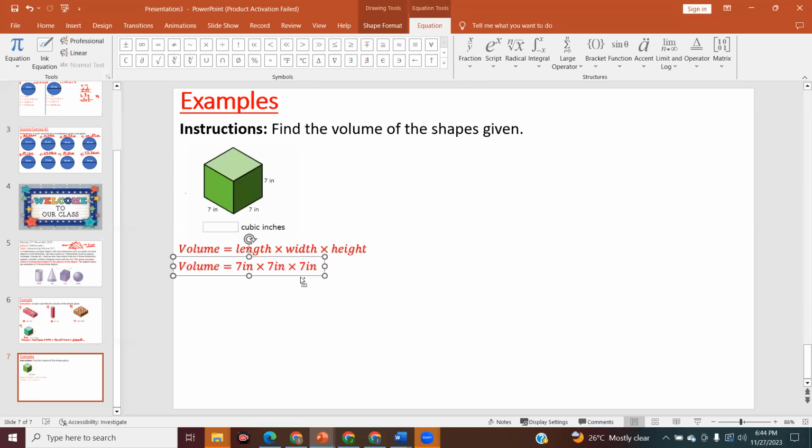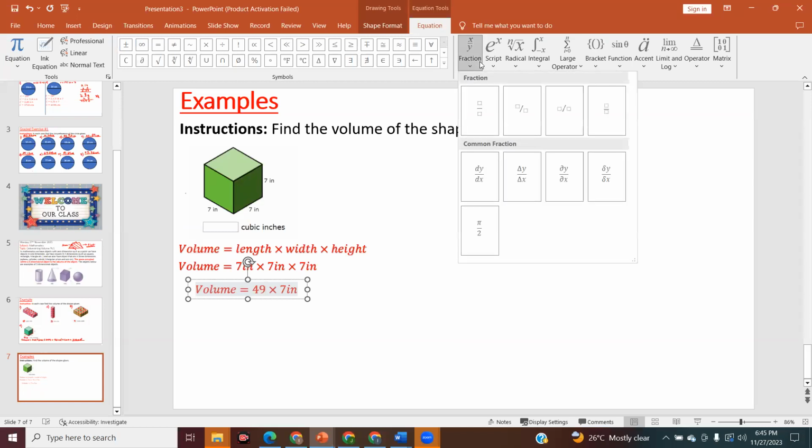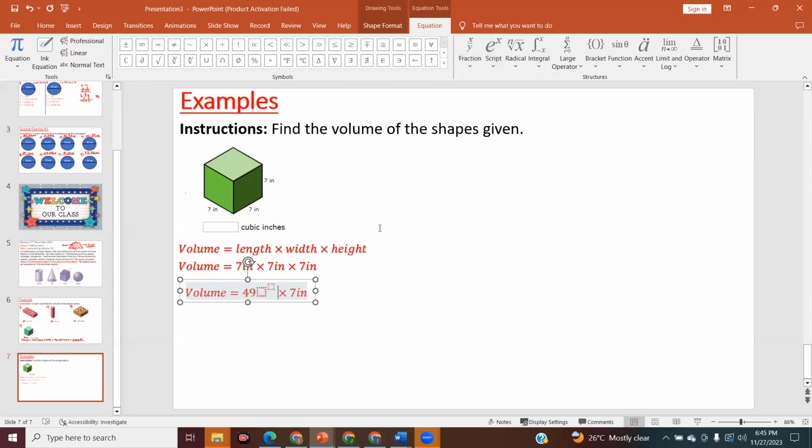And so what we have to do is multiply 7 by 7. What is 7 times 7? 49. Very good, Casey. So 7 times 7 is 49 inches, and because it's inches times inches, it's going to be inches squared. And then we have 49 times 7.